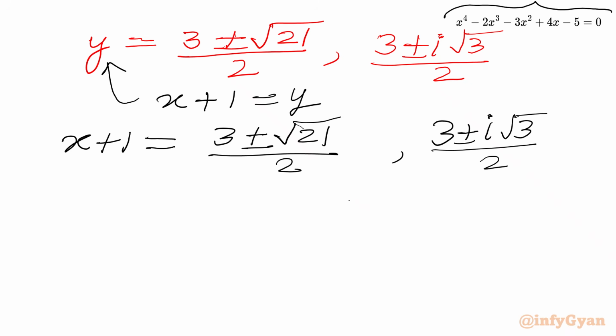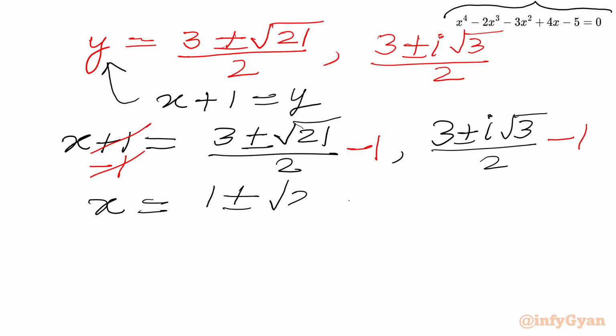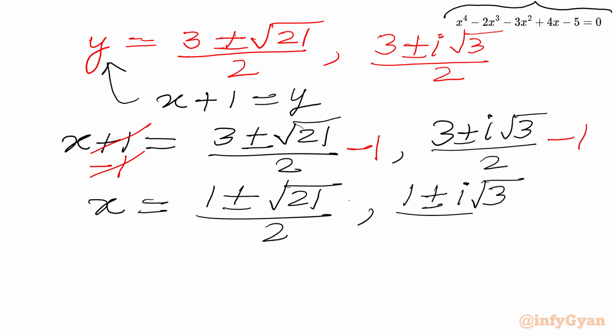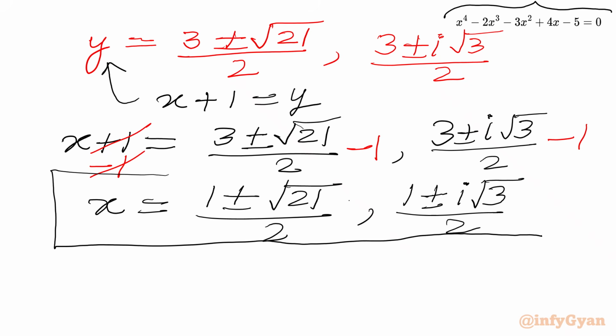To find the roots of the original equation, we will subtract 1 from both sides. Now plus 1 and minus 1 will cancel. We will get the roots of the original equation: x equal to 3 minus 2 is 1, so 1 plus minus square root of 21 over 2, and here 3 minus 2 is 1, 1 plus minus i times square root 3 over 2. So we have two real and two complex solutions.